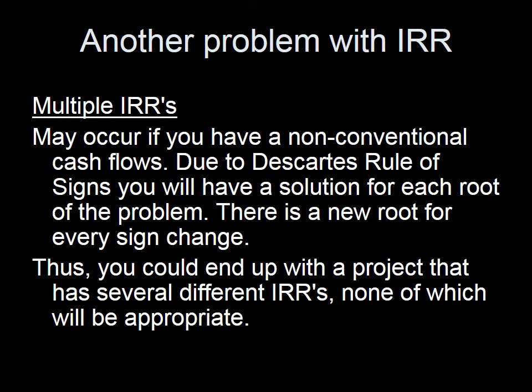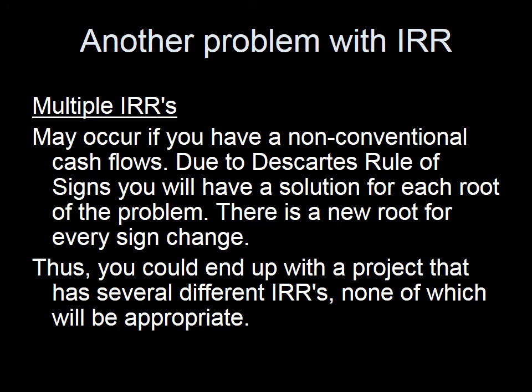One more problem with the internal rate of return is it is possible to get multiple internal rates of returns. Basically, I can just sum this up by saying that if you have a non-conventional cash flow, we talked about a non-conventional cash flow in the previous chapter, where you have a cash outflow, so you make a purchase up front, followed by a stream of benefits, and then you make another purchase, or you retool.